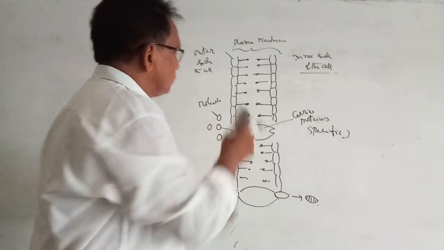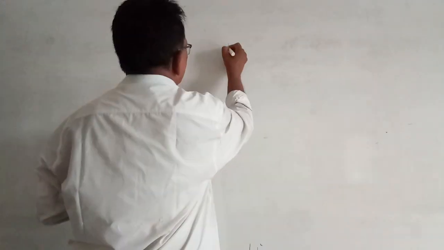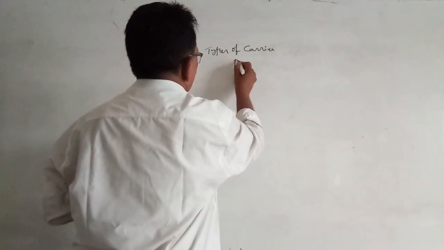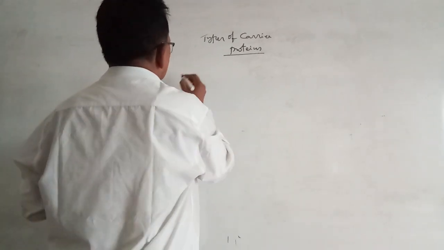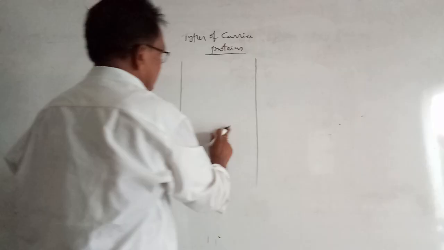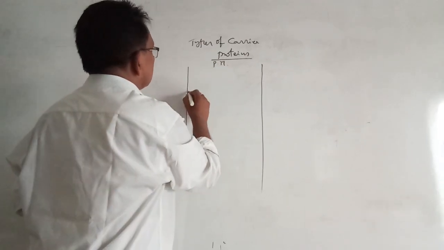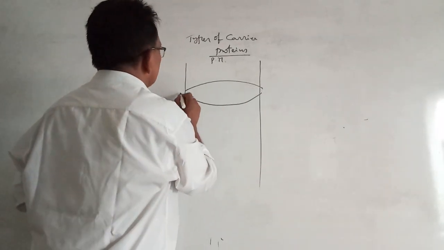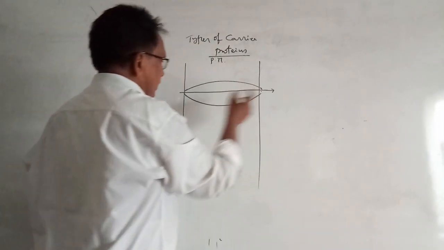So now coming to these carriers. Types of carrier proteins. There are three types. We can describe these three types diagrammatically. This is the plasma membrane. Suppose this is one carrier protein; it allows the movement of only one molecule or only one ion in one direction.